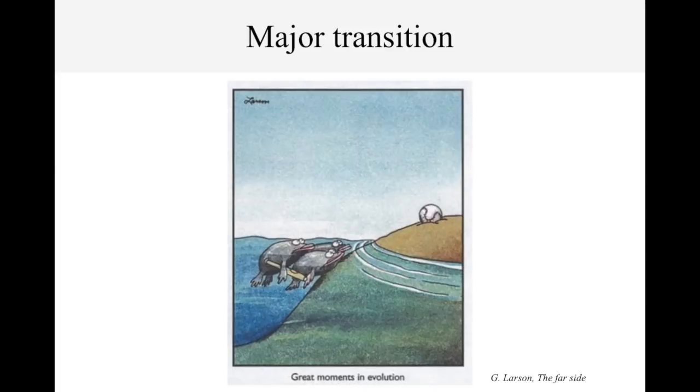Major transitions here are pictured again by Gary Larson, a very useful cartoonist, where you see the move of evolution out of water. That's probably the kind of transition people think about when you think major transitions. But they are not the transitions that are really difficult to understand, or that people are working on in evolutionary biology today. They are not very theoretically challenging.